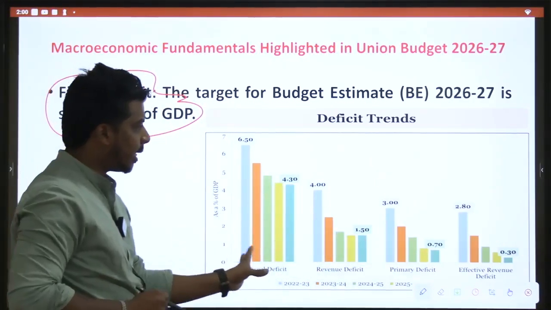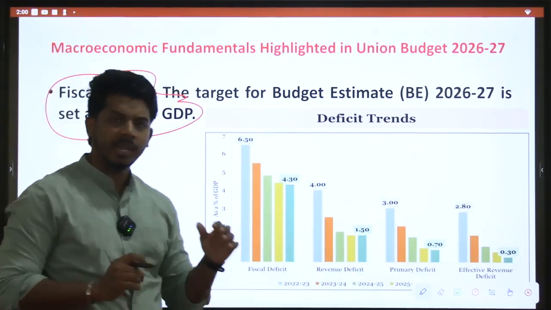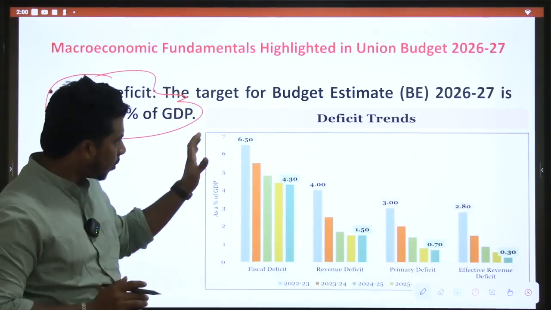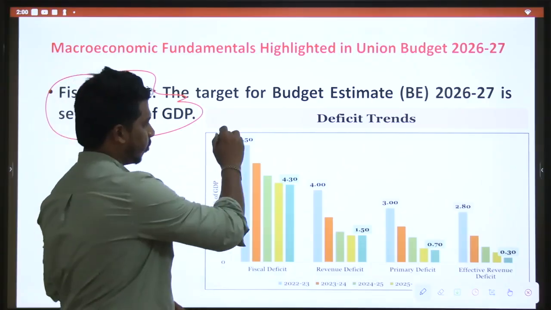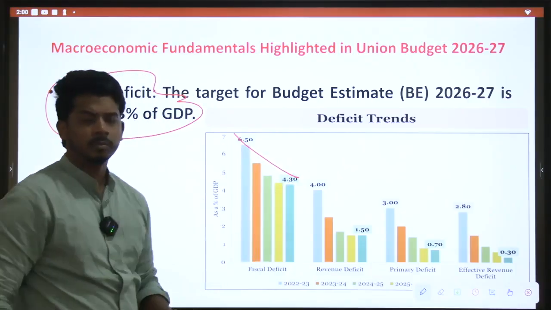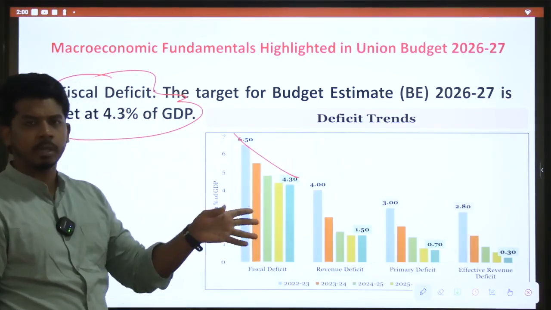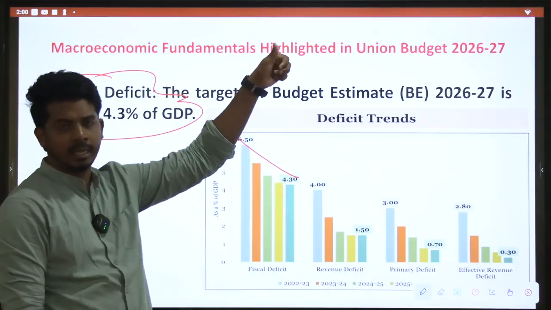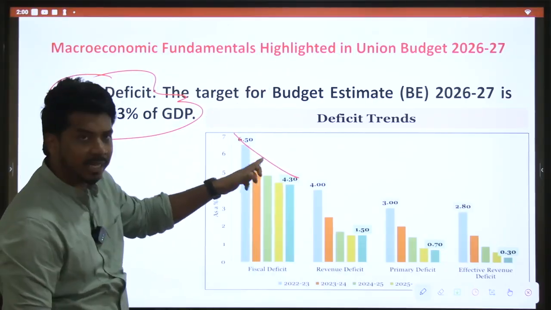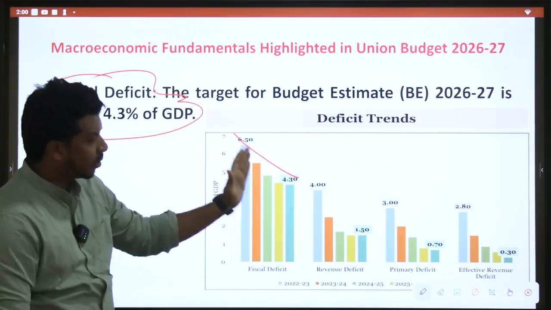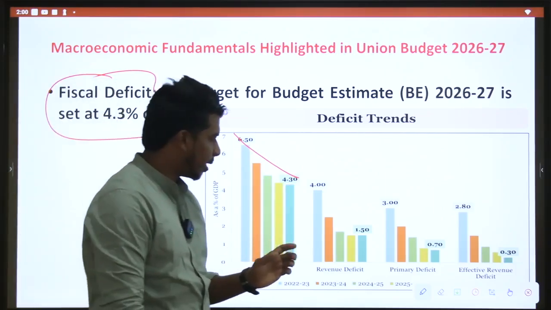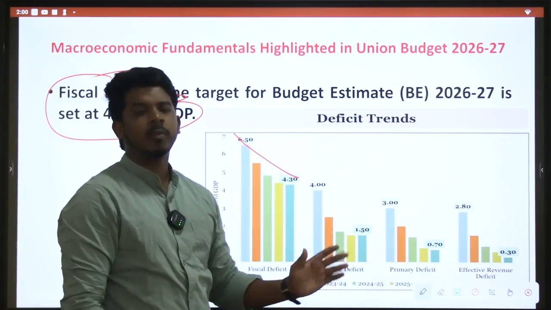So see here, graphs are given for various kinds of deficit. Fiscal deficit is continuously falling, starting from the pandemic. Forget before the pandemic. During the pandemic it increased drastically, but you will see a consistent, continuous decline since then. Then comes the revenue deficit. So what is revenue deficit?